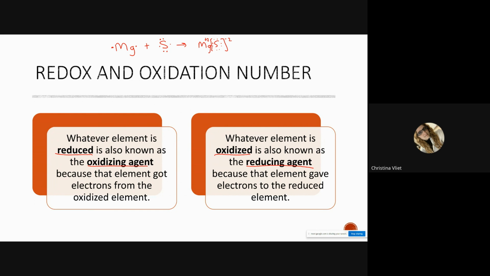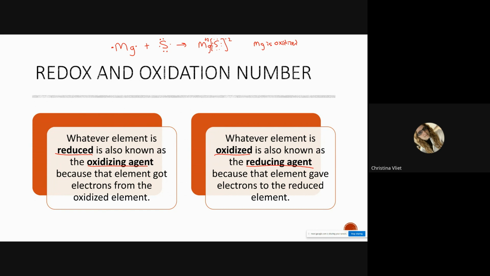Magnesium's oxidized, we said, because it lost electrons in this reaction. It goes from having its 2 valence electrons to not having them. Well, what happened to its 2 electrons? Where'd they go? They went to sulfur, right?